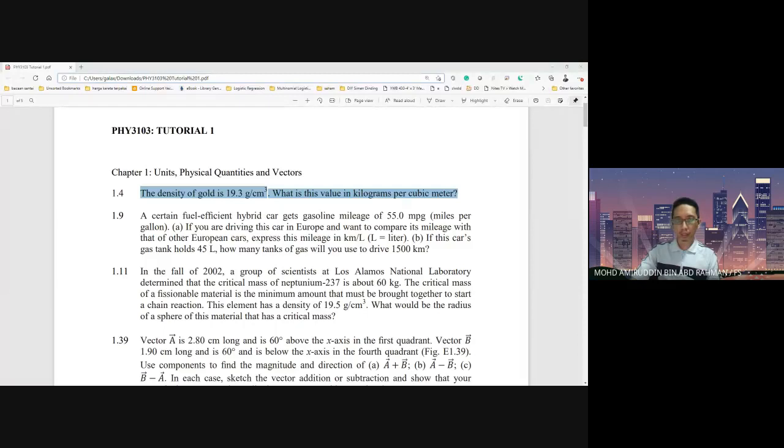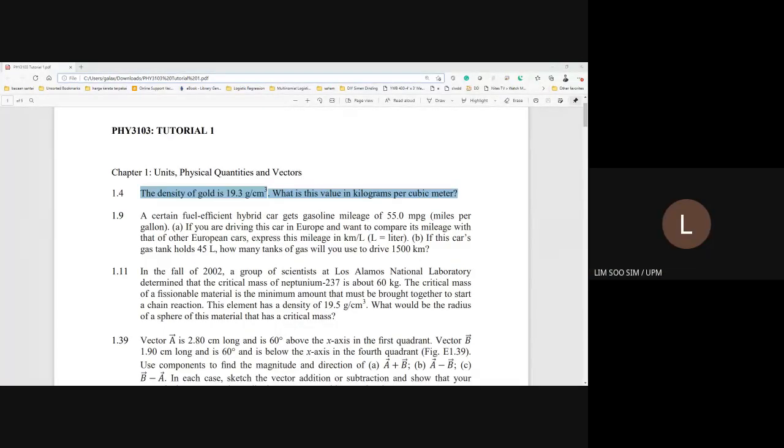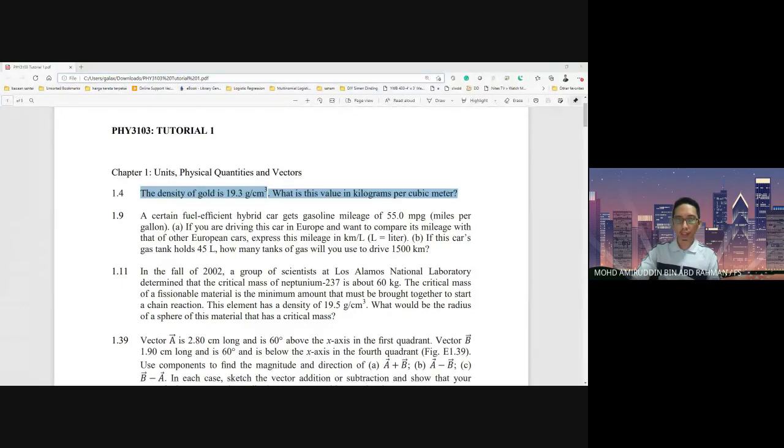But the way that you should write it is in terms of significant figures, like 1.93 times 10 to the 4 kilogram per meter cube.